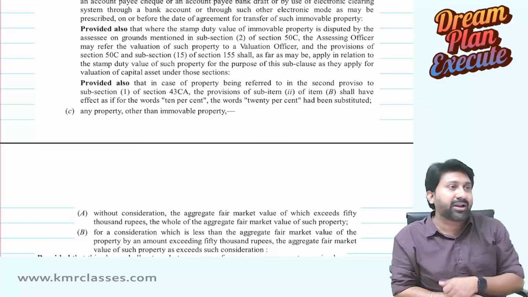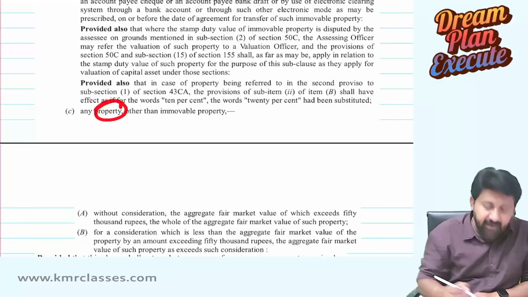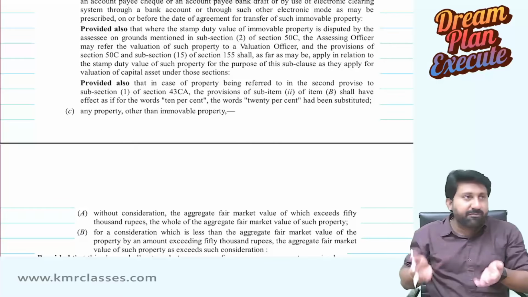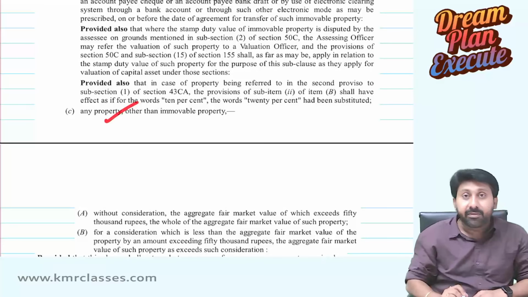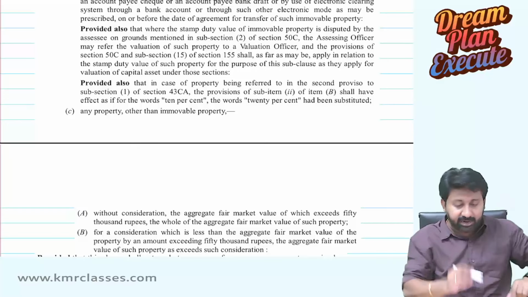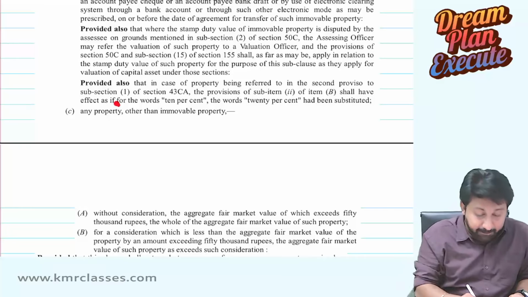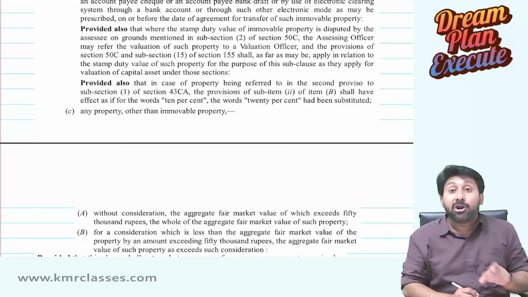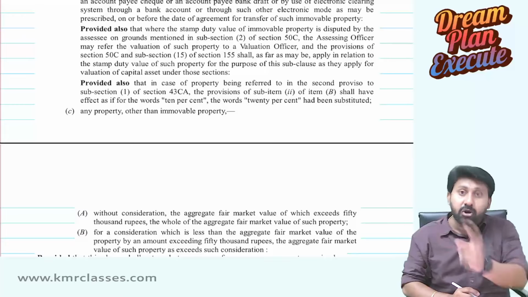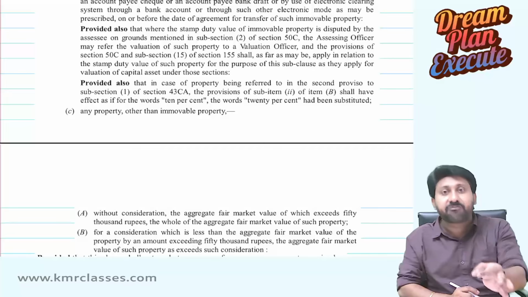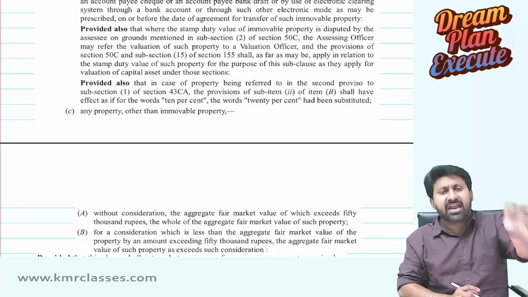A doubt will come: how do the provisions get triggered? A color TV used for my personal purposes is a personal effect, so capital gains won't get attracted, but other sources will, because the word used is property, not property being a capital asset. Therefore, in spite of capital gains not being attracted, other sources will get attracted.